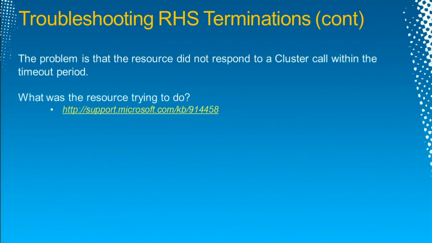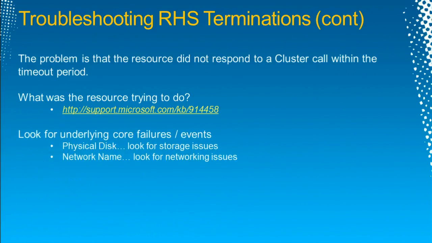Okay? Here's an article that lists the things that we do, the cluster-specific ones. Third-party stuff, we couldn't tell you what it is. It'd be their own types of checks. But look for any underlying failures. Again, don't point at cluster as being the problem.